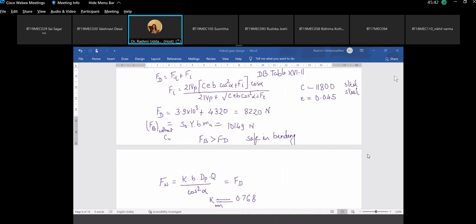Ma'am, should we consider the size factor as external gear or internal gear? External. They are meshing externally. Ma'am, I'm getting 1.76. 1.72. What is the value of B that you have taken? 35.8.